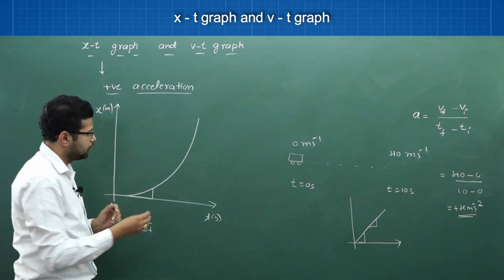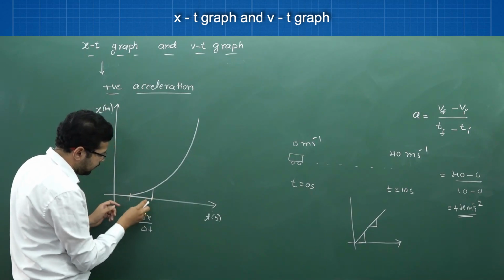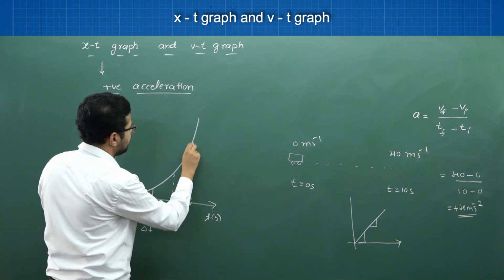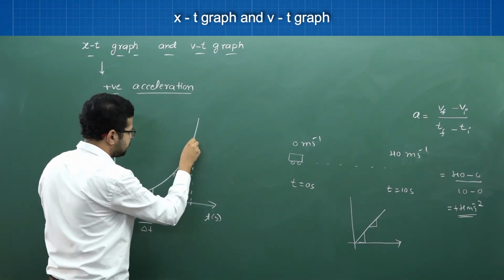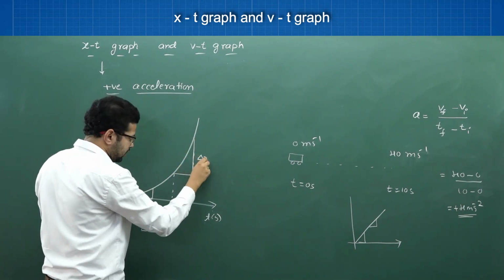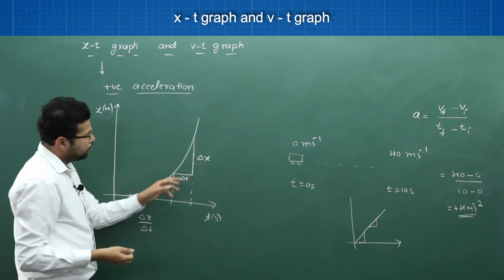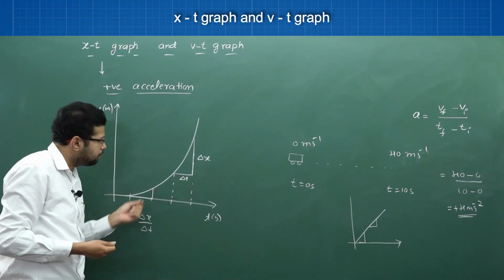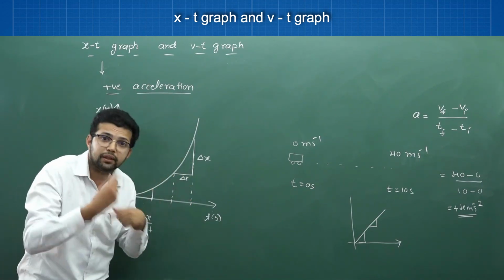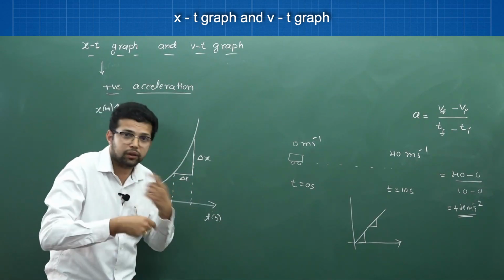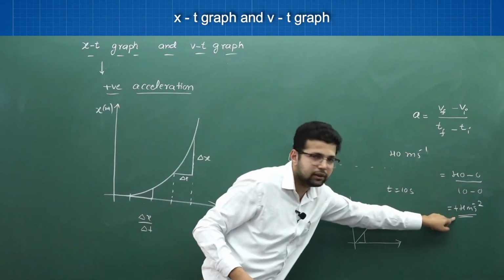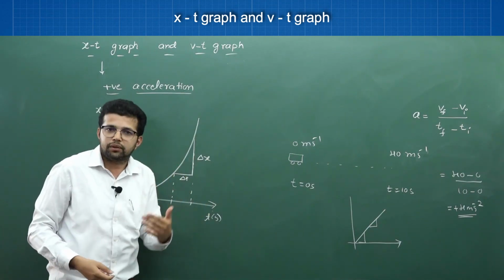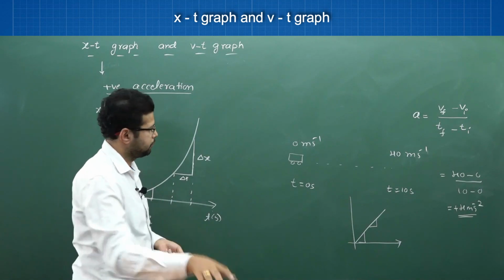For the same time interval, if you calculate slope somewhere here, delta x is more, delta t is less. We haven't changed the time interval, but delta x is increasing, so slope is increasing, which means velocity is increasing, which means positive acceleration. So, this is the position time graph for an object moving with positive acceleration.